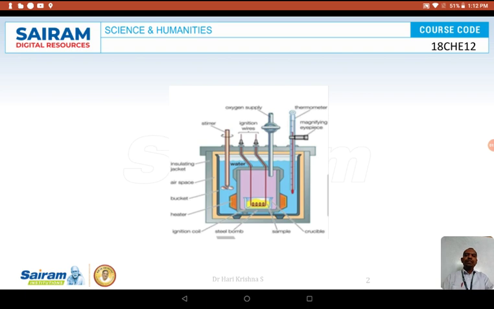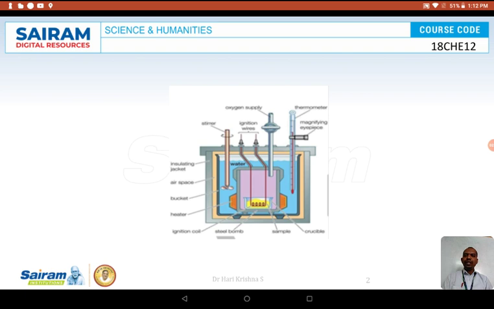This bomb, which is shown here, is equipped with an oxygen valve and an electric ignition system. The oxygen valve is used to supply oxygen for combustion. As we all know, oxygen is essential for combustion. The ignition wire is used for igniting the fuel.